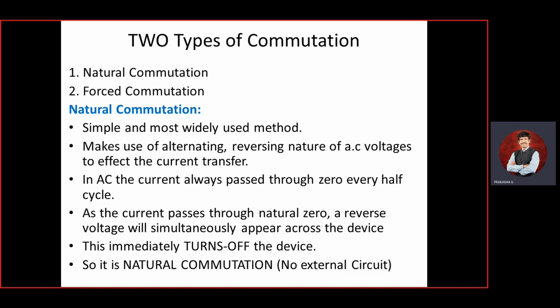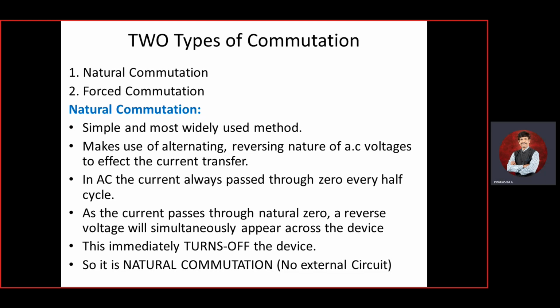In AC, the current always passes through 0 every half cycle. AC current means 0 to maximum, maximum to 0, 0 to negative, negative to 0. So every half cycle, whatever the current you are passing through, it will be crossing the 0 naturally. It is not that we are forcing it. The nature of the AC current is that only.